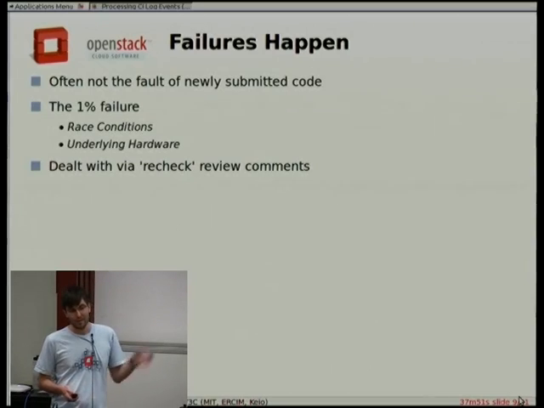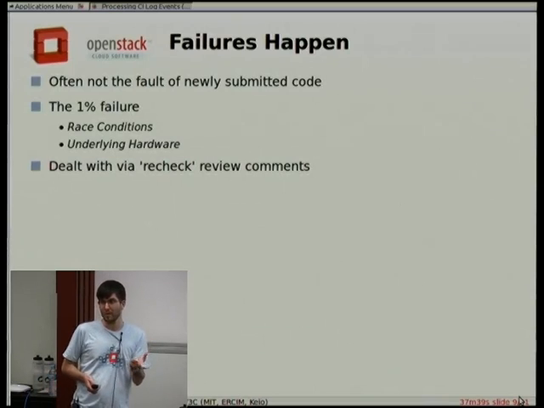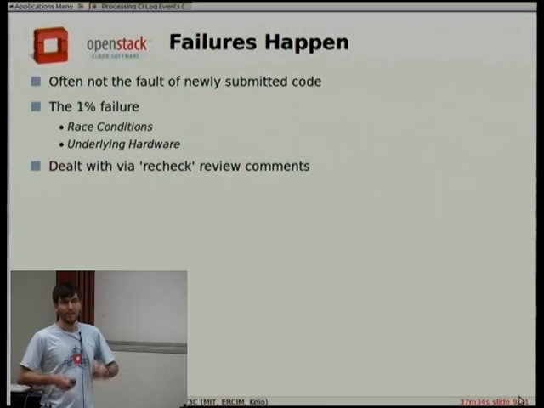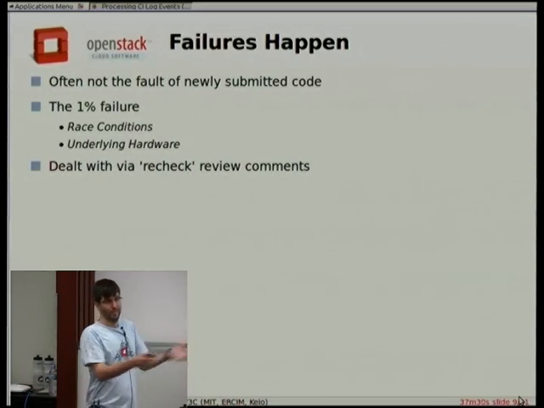So in the code review system, leave a comment that says recheck. And the CI system would say, oh, I need to go rerun the test for this particular thing. And what we asked folks to do is to attach a bug number to those recheck comments so that we could track the bugs associated with the particular failure, right? The developer is asserting, I'm not at fault here. This bug is at fault. Please go sort that out.